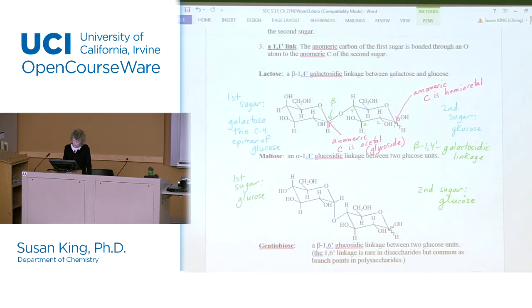All right, so we're looking for the anomeric carbon here. Anomeric carbon is an acetal, so it's a glycoside.